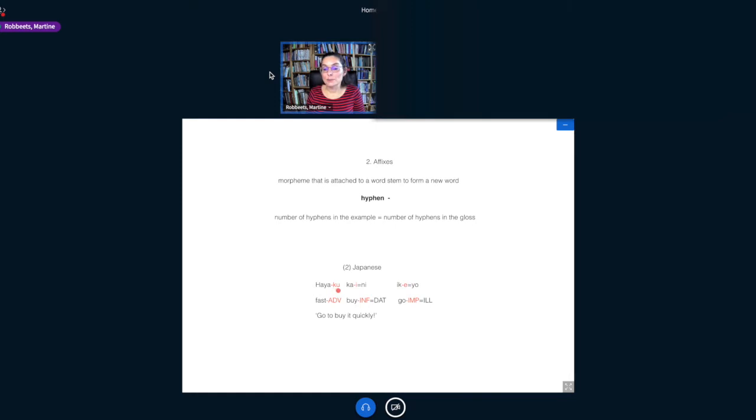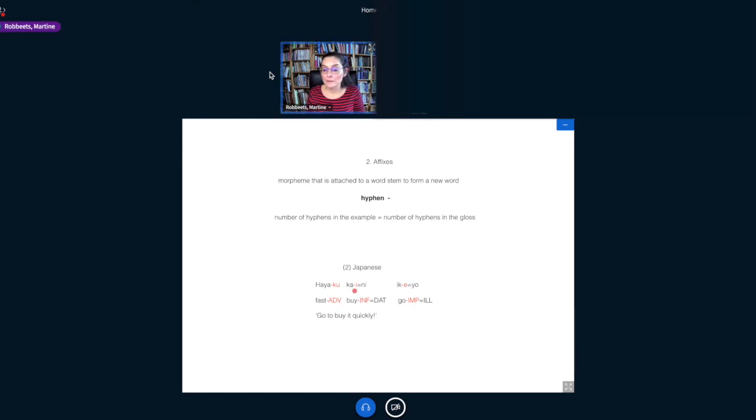The suffix in this word is an adverbial suffix, ku. So we separate this adverbial suffix with a little hyphen. And this suffix is glossed as ADV. The glosses of suffixes are always written in capitals. So here you get ADV for adverbializer.